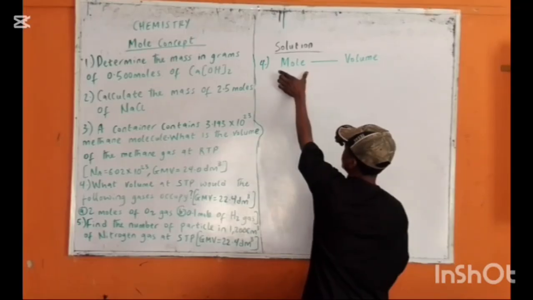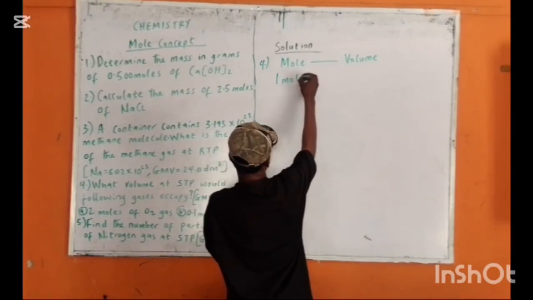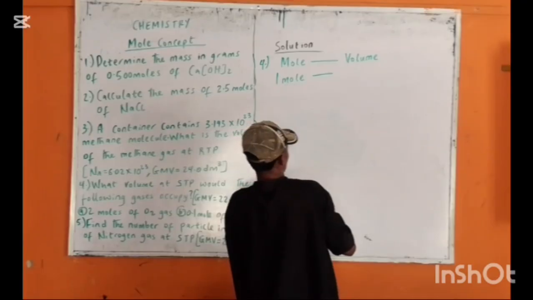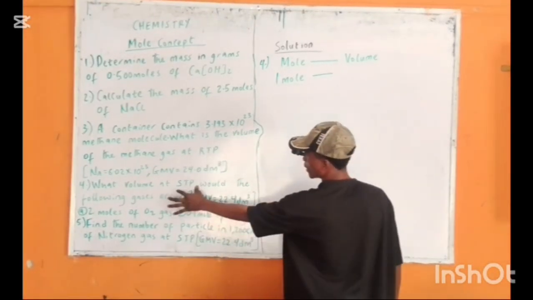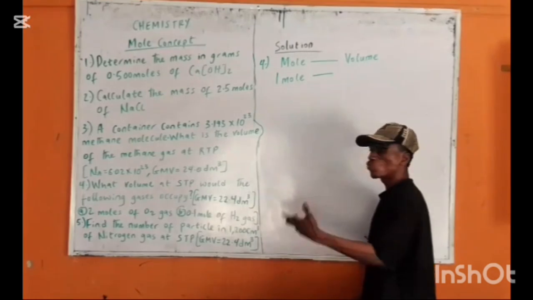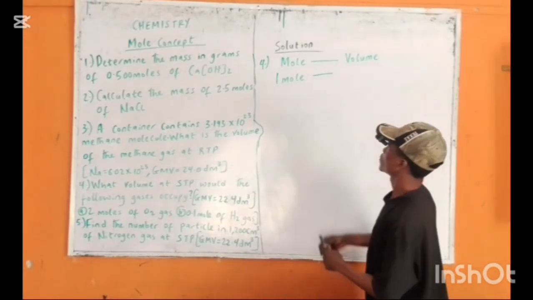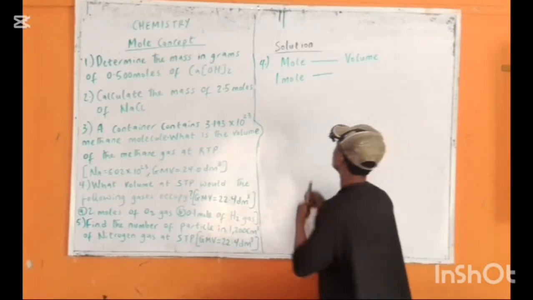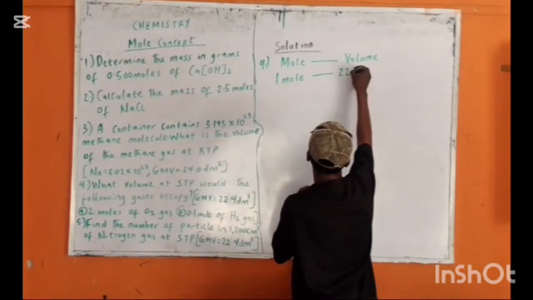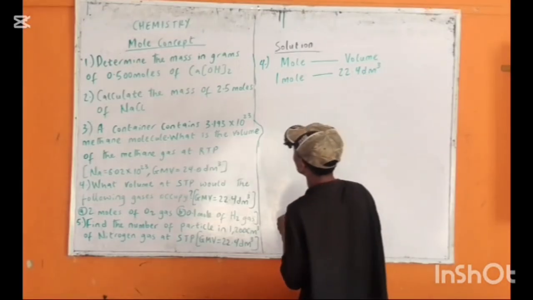So here we are having mole. So we just leave it as 1 mole. We are having volume here, and we are having the volume at STP. So 1 mole of any gas would occupy 22.4 dm cube at STP.